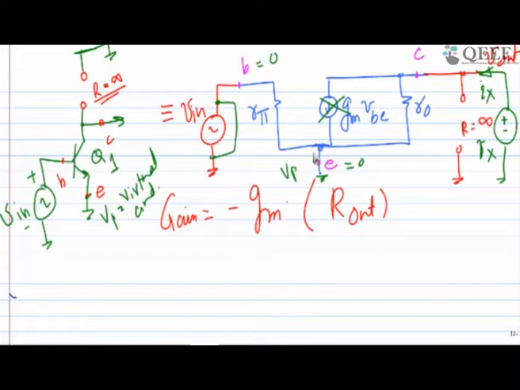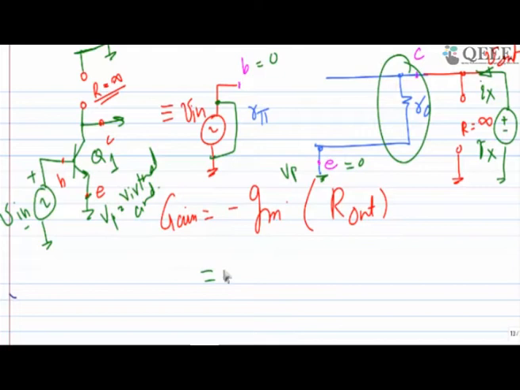Resistance between two ground potentials is useless to keep, so you can remove this. At the end, you are going to see only one resistance, which is R0. So the gain will be minus gm times R0.